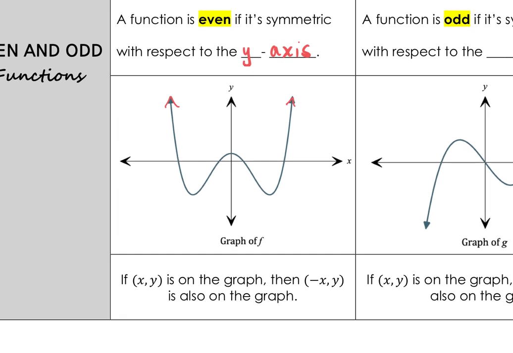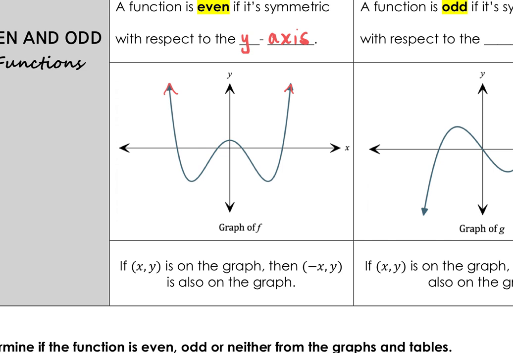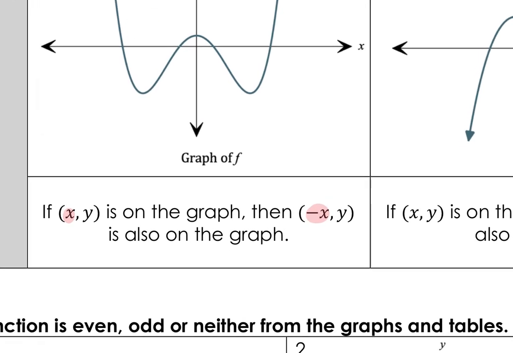So when we are talking about it in terms of ordered pairs, if a function is even, that means that for every x, y point on the graph, there's also a negative x, y on the graph. So the x coordinates would be opposites, but the y coordinates will be the same.